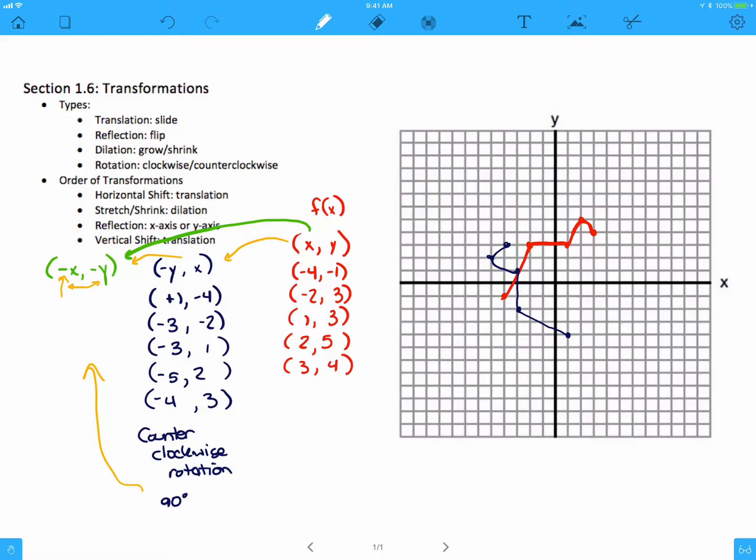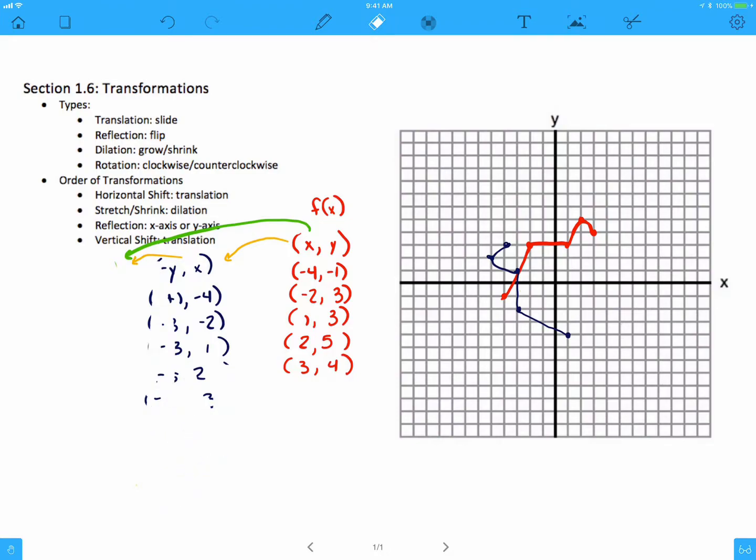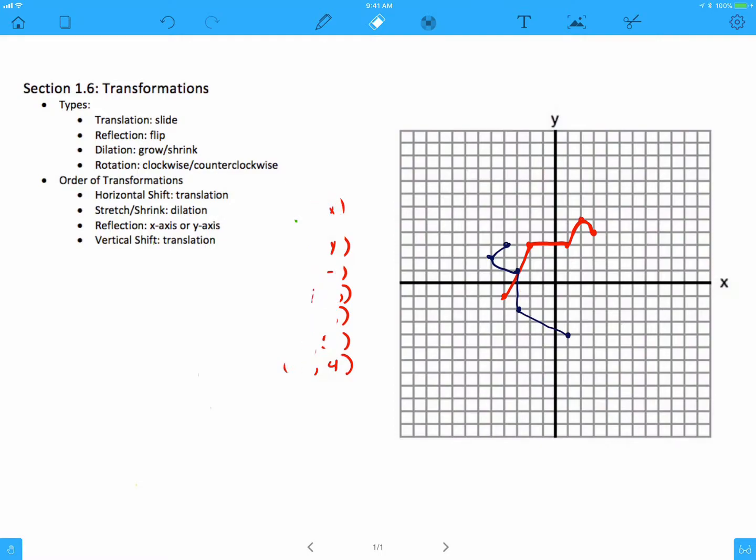Now remember, we do have an order for how this works. The order is being covered up by all my notes here. Let's go back to my original thing here. All right. So the order is, when you have multiple types of transformations, you have to do horizontal shifting first, the actual translation, so either right or left.